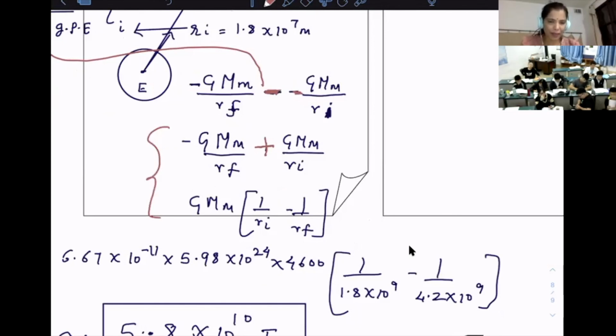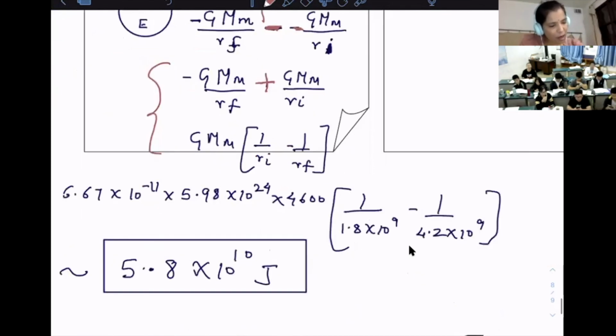So the final answer should be negative, right? If you get negative, it is negative. If you get positive, it is positive. Did you get the negative answer? No, because if you solve this, this part is positive, so you will not get a negative answer.